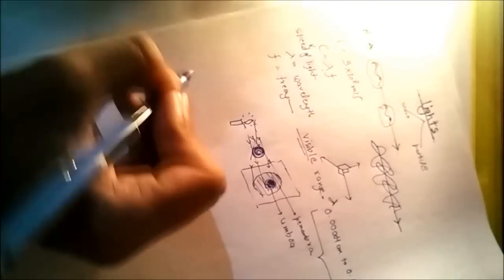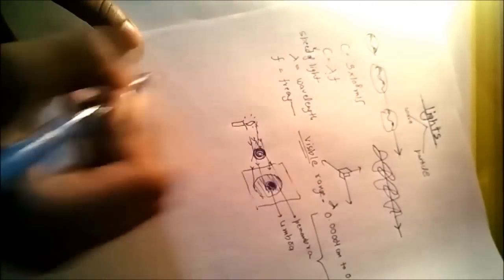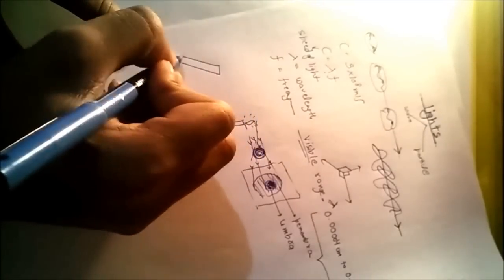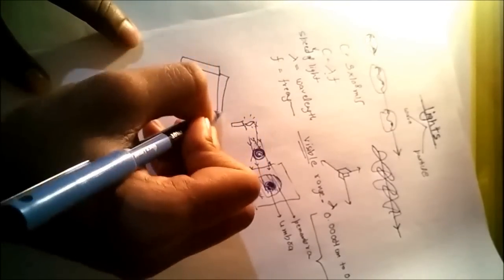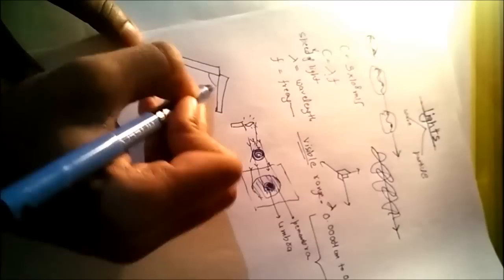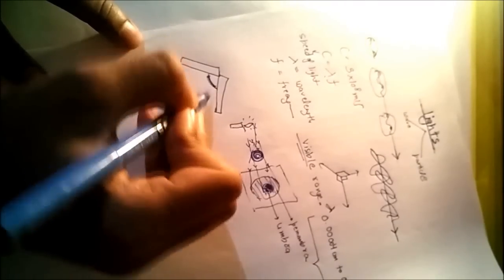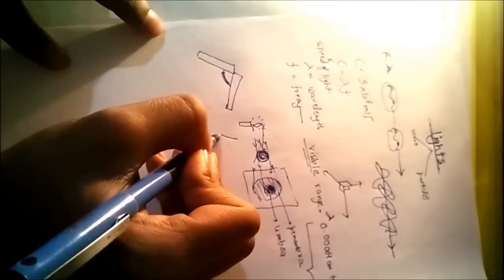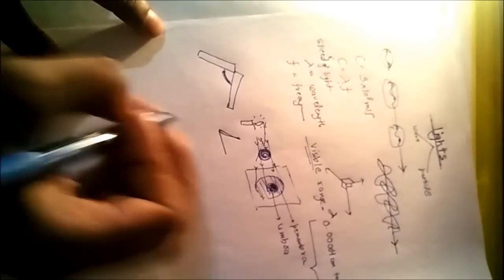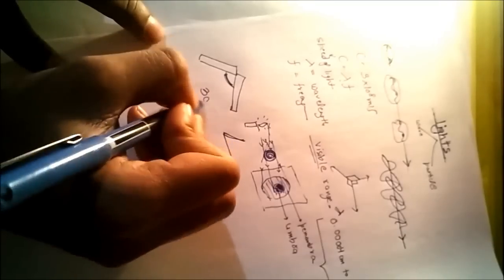This is known as umbra and this is penumbra. Okay, now coming to the main questions. The angles we have studied till now are 2D angles, meaning the angle is formed between two lines. Now we will study 3D angles.